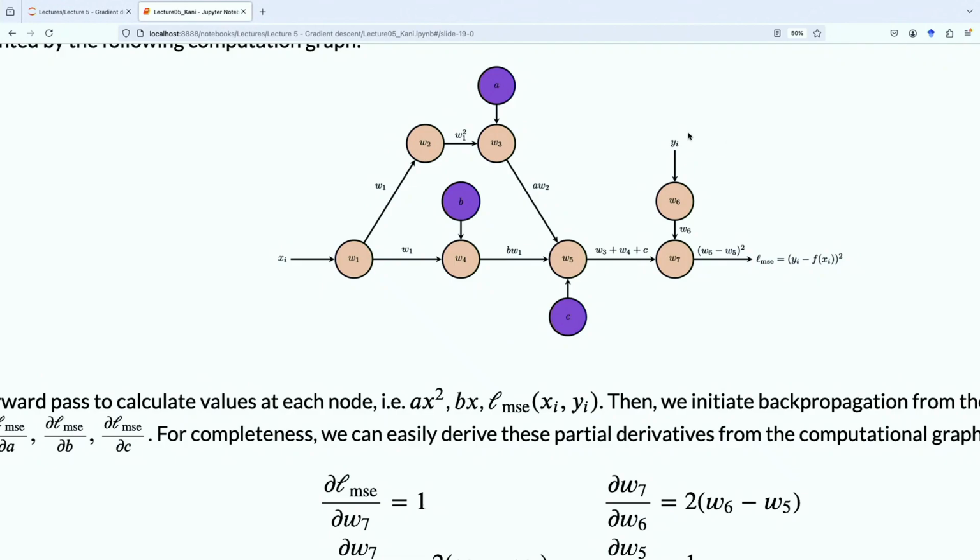So really, what we want to do in this example is change the values of a, b, and c so that when x is equal to some value and we put it through the function, ax squared plus bx plus c, we get out y_i. So instead of trying to find the x that gives you a particular value, we have what x is, and we're trying to find the parameters of the function that give you a particular value.